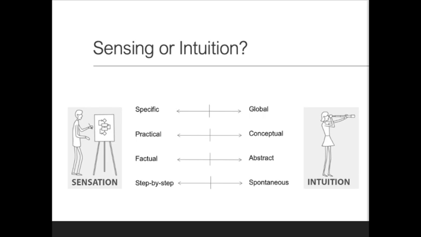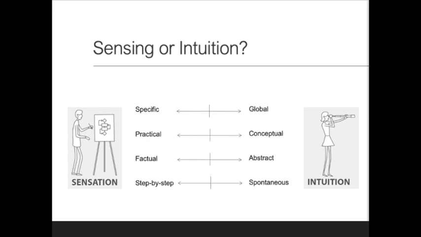by step. If I were to show someone with a preference for sensing Edvard Munch's painting The Scream, the chances are they would initially be drawn to describing what they could see in the picture. So the colours, the positioning of the character, the bridge, maybe the type of weather that is going on in the painting.